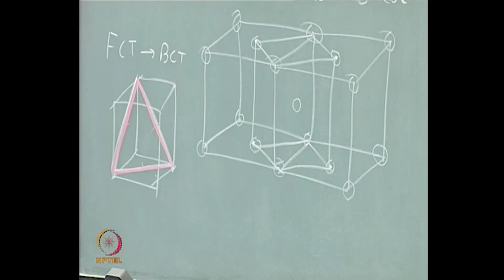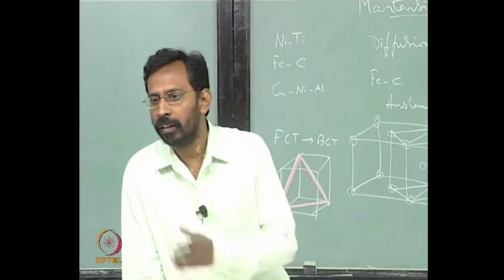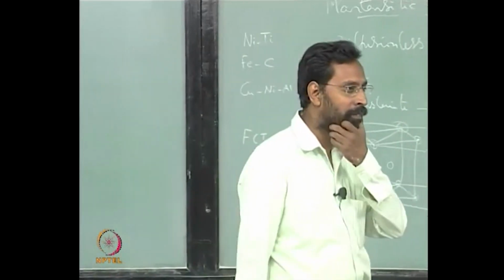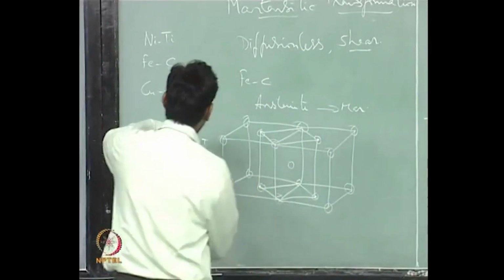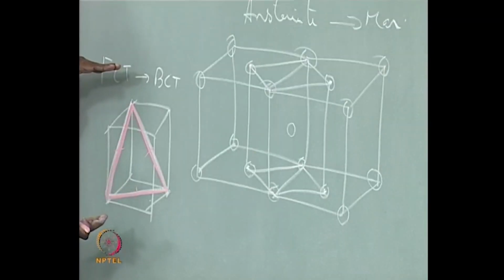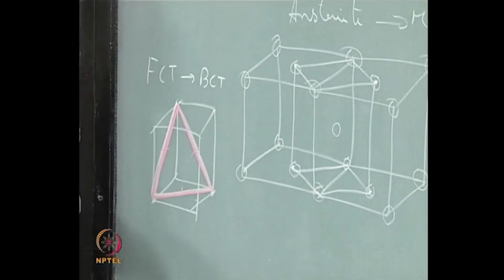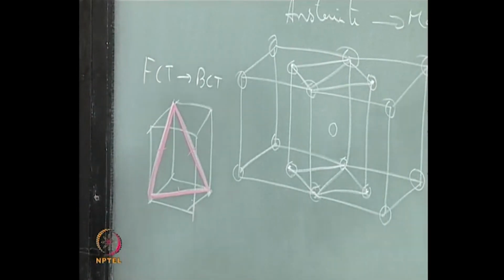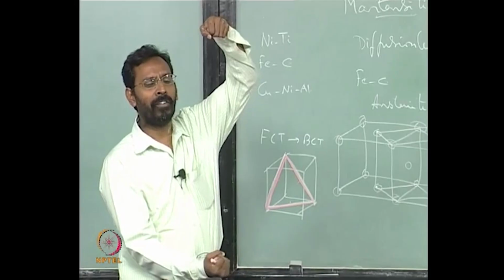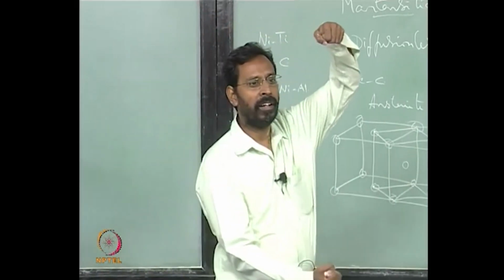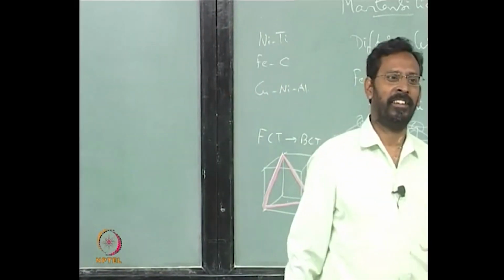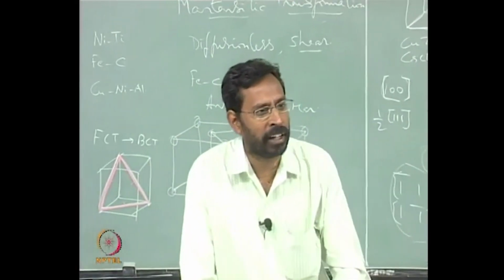Then what about 4-fold symmetry? Only the top and bottom faces are squares now. The remaining 4 faces are no more squares, because you have pulled it. They have become rectangles, and a rectangle cannot have a 4-fold symmetry.